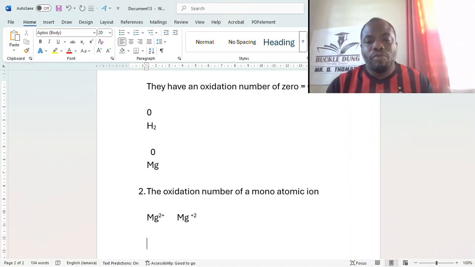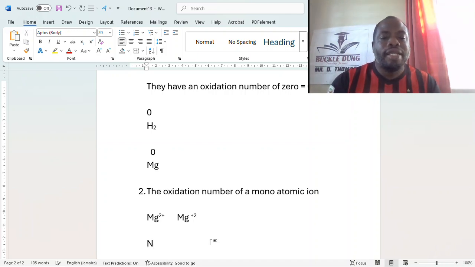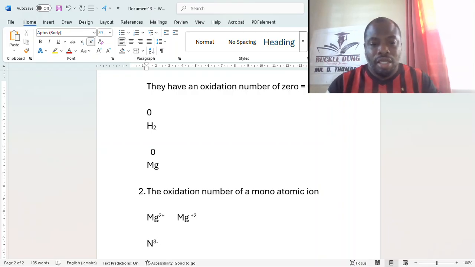And this doesn't only work for cations. So let's look at nitrogen. The oxidation number, the state of the ion, is 3 minus.